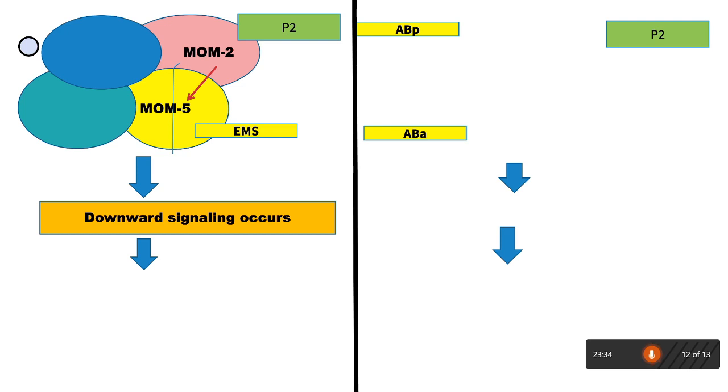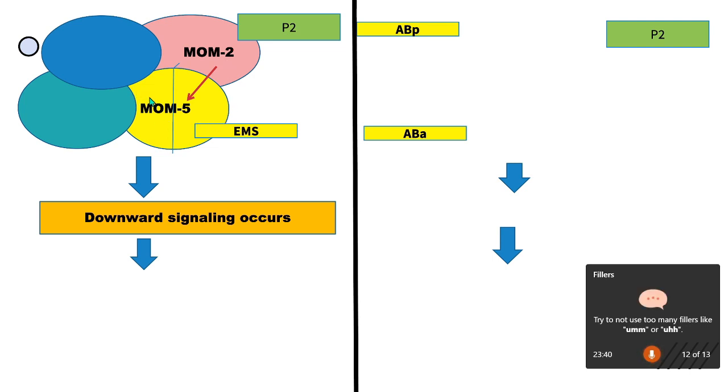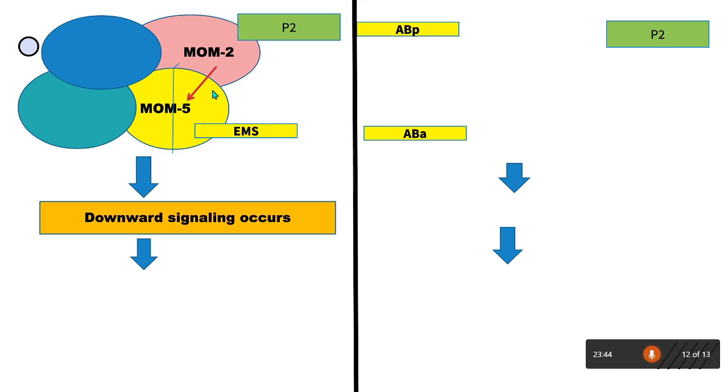Then upon downward signaling, what will be the result? In the EMS cell, before that signaling occurs, POP1 is equally distributed all over the EMS.